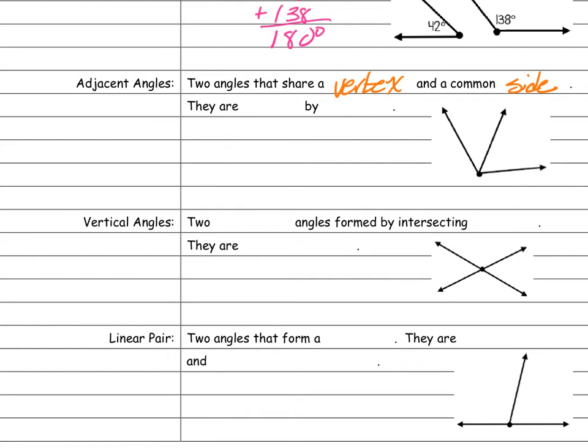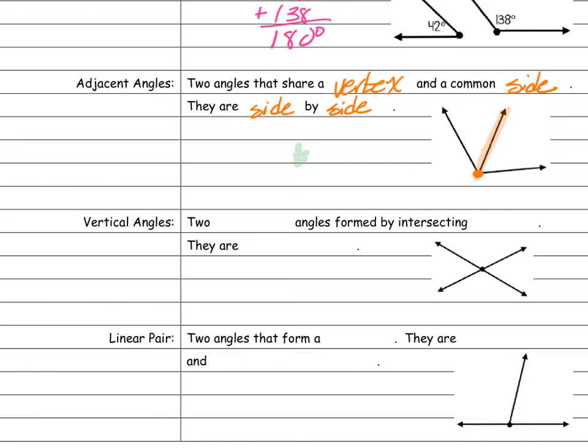They are side by side, so they're touching. If you notice, they have a common vertex. They all meet at the same point. And they share a common side, so they have a side in common. There you go. That's what adjacent angles mean. They're touching each other.